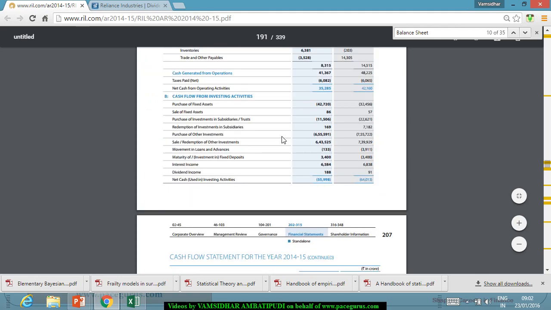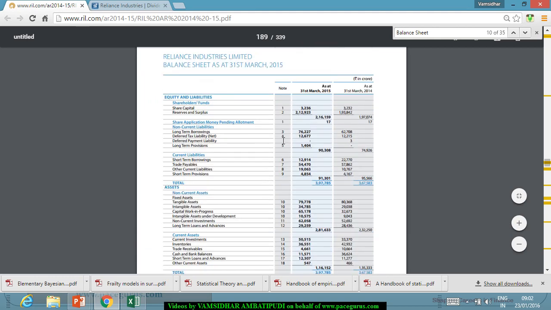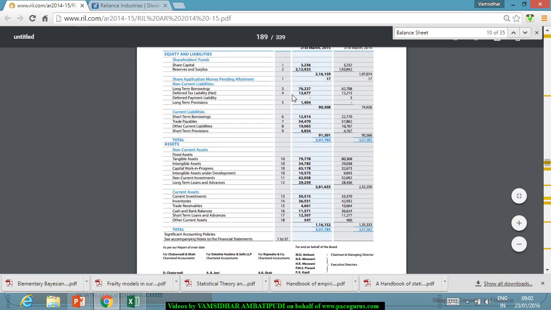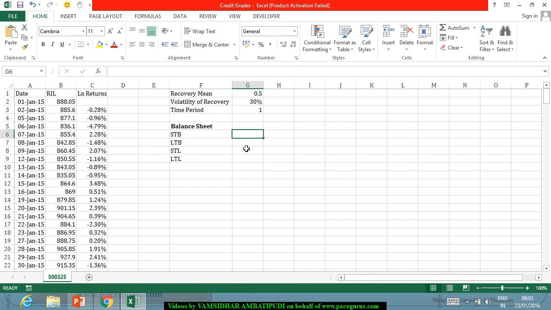Okay, so this is their balance sheet. The long-term borrowings is 76,227.